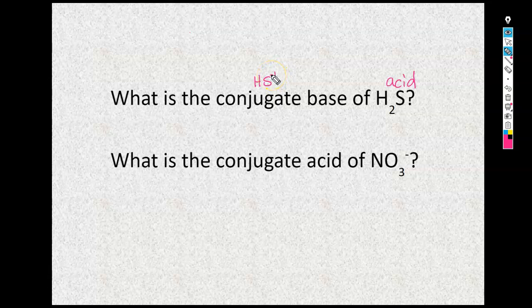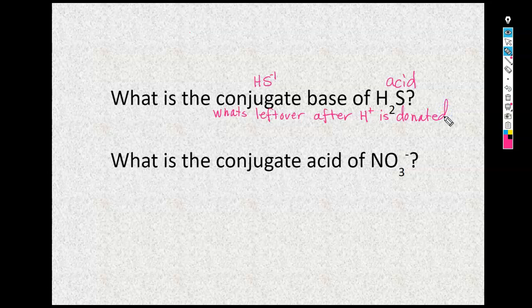Is that right? Yes, it is, because it's what's left over after we take an H plus off. Okay? Now, let's go ahead and write that down. What's left over after H plus is donated.